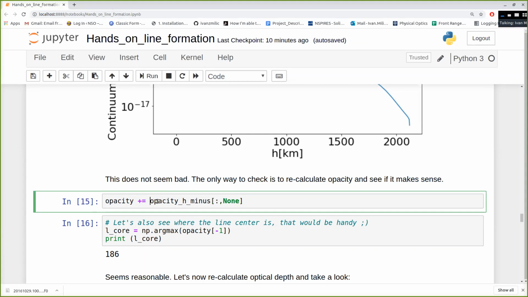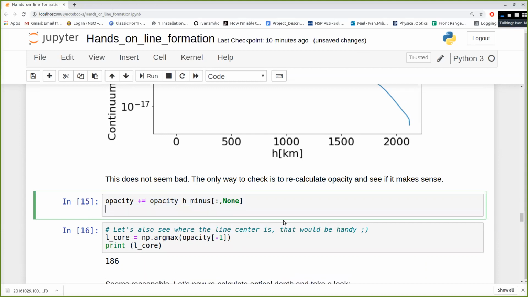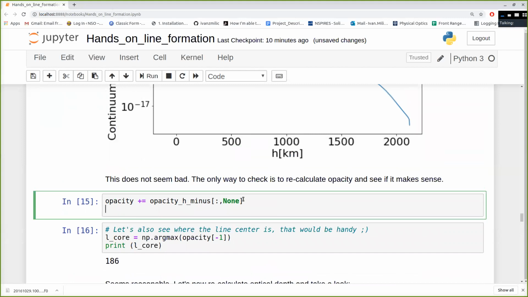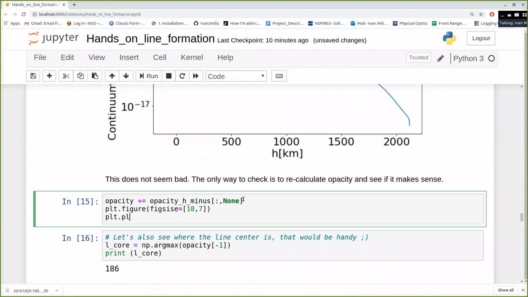So for each depth, this expression is going to add opacity belonging to neutral hydrogen to the total opacity. Now I'm going to plot opacity at the deepest point, so that we can see that it doesn't really drop all the way to 0 now.